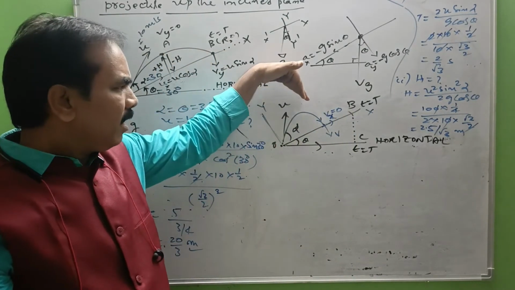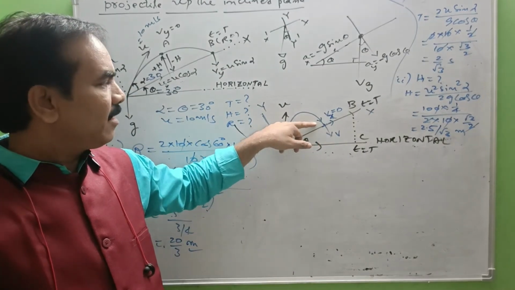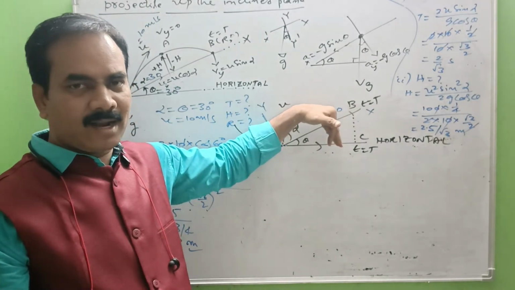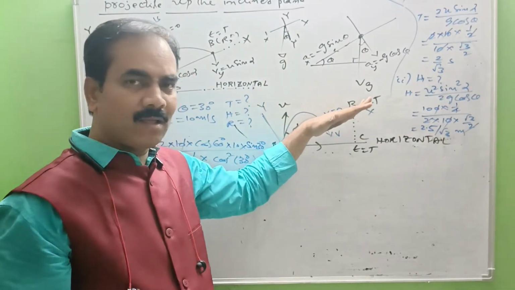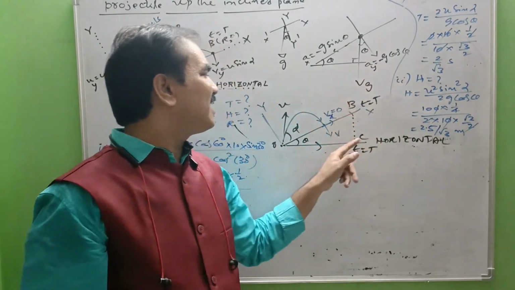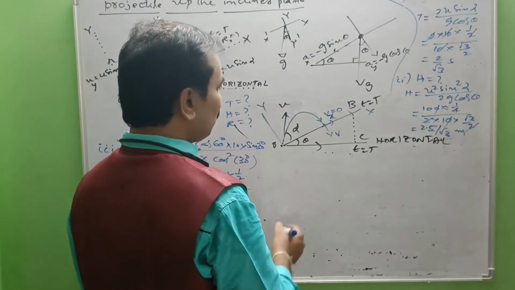Why? Because as far as the xy plane is concerned here, the body strikes the incline normally, meaning the net velocity is along the normal, that is perpendicular to the inclined plane. So there is no component of velocity along the x-axis, that is Vx equal to 0.